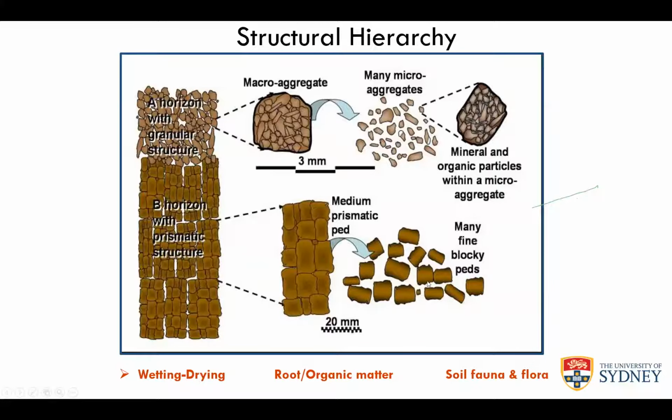This is how the soil makes aggregate: through wetting and drying cycles, roots and organic matter, and the soil fauna and flora that help make the aggregate.